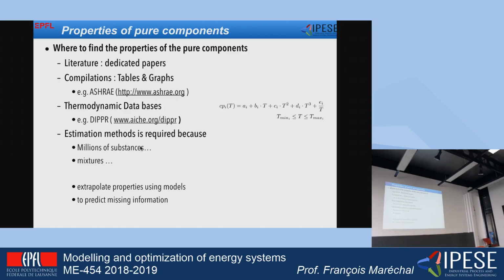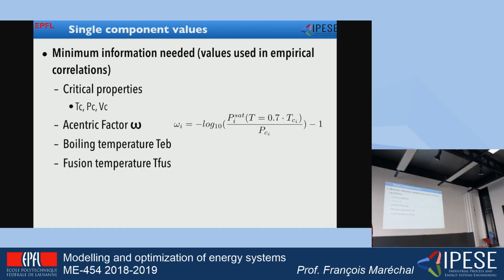Something which is quite interesting is that, and again, it's based on the intelligence of the thermodynamicists. They have made an analysis and they have finally realized that something that was really important to know is the critical conditions. So the place where the density of the liquid is equal to the density of the vapor.